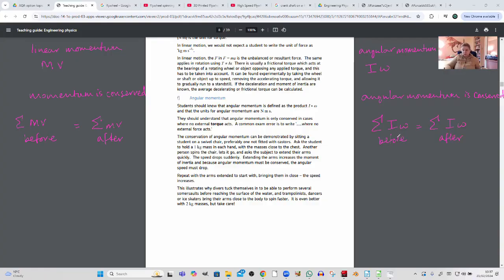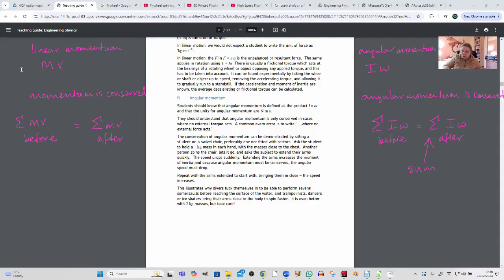And if you've just got one object or two objects being attached together, for example, it's a bit like a car crashing into a lorry. You've got two objects, so you have to allow for the momentum of both of them, and they just add. Okay, it's the sum. I hope you're aware that this means the sum. This is a Greek letter, capital letter sigma.